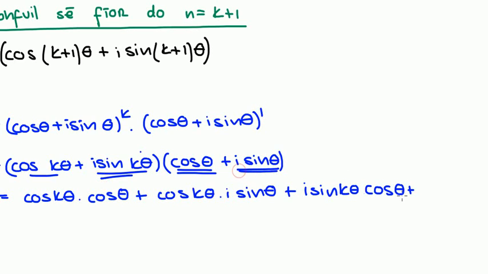And then the second term by the second term, we get i sine k theta by i sine theta. Really in that last term, that's just going to be i squared sine k theta sine theta. Any time I have i squared, that changes to minus 1. So that final term is going to be minus sine k theta sine theta.